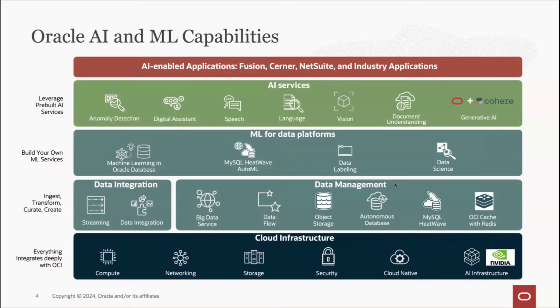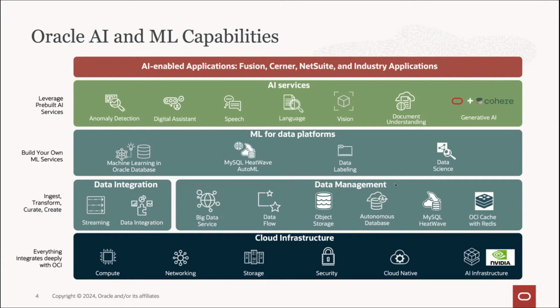I wanted to show you this because Oracle AI has a great set of ML capabilities and services. As I told you before, it's not only about using pre-built AI services like the ones you can see there in green in the top part, where we have specific services for anomaly detection, digital assistance, speech, language, vision, etc. But it's also about enabling you to build your own machine learning-based services.